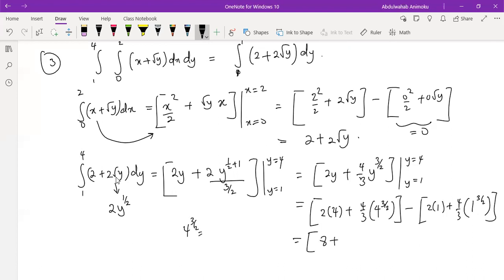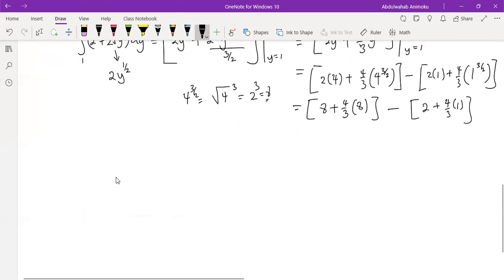This is just the same thing as saying square root of 4 all raised to power 3, which is 2 raised to power 3, which is 8. Okay, and then minus 2 plus, square root of 1 is 1, 1 raised to the power 3 is 1. So that's 2 plus 4 over 3 times 1, right?